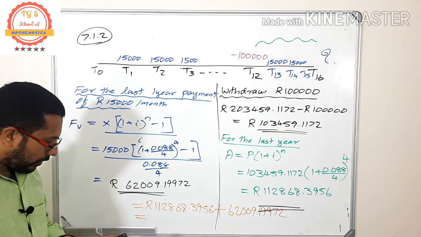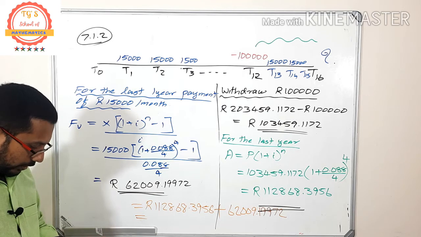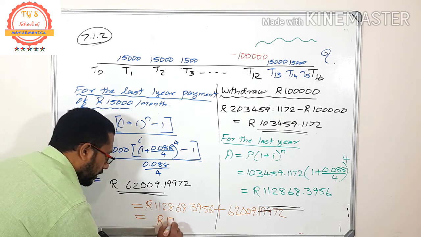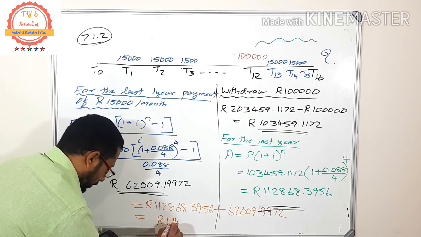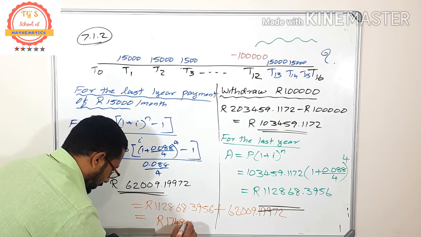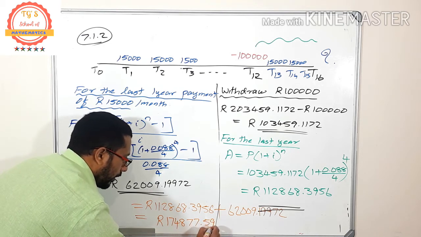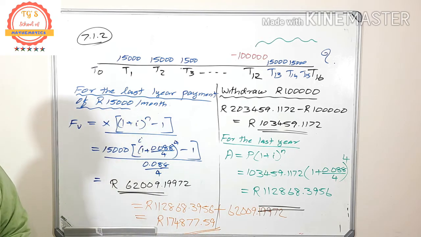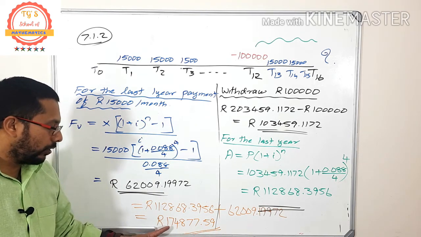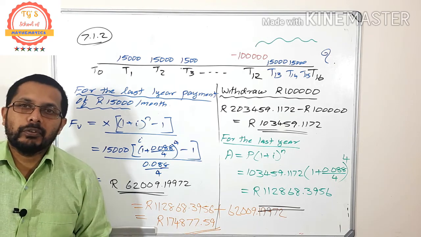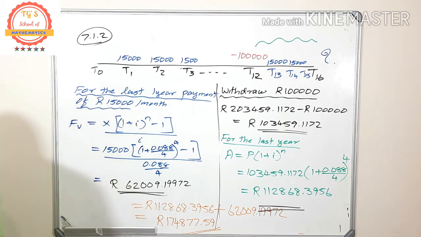That means 174,877.59. So at the end of 4 years, in her account there is 174,877 rand. Okay, that's the final answer.